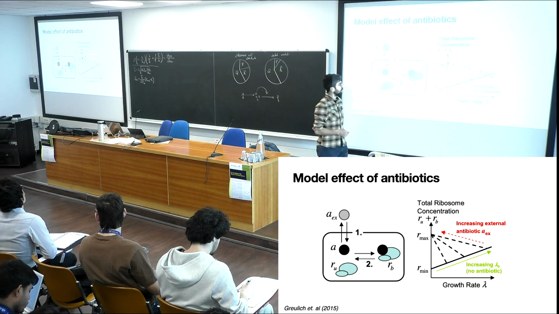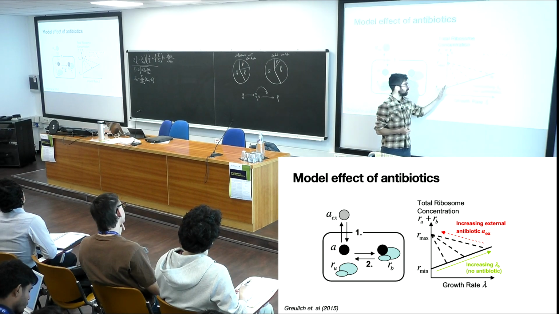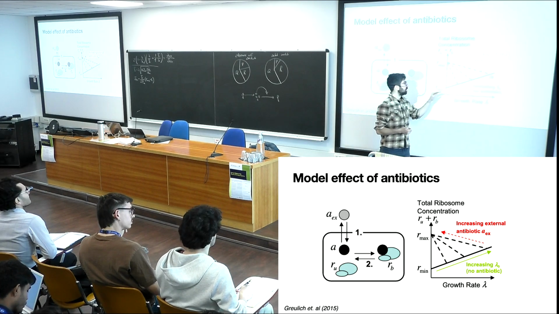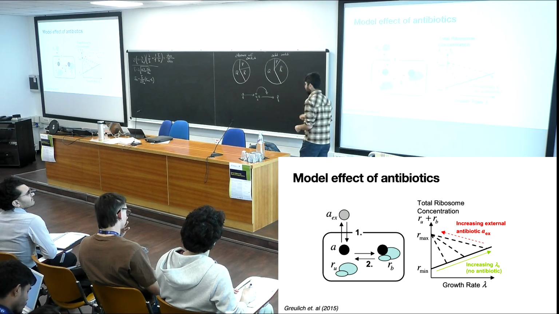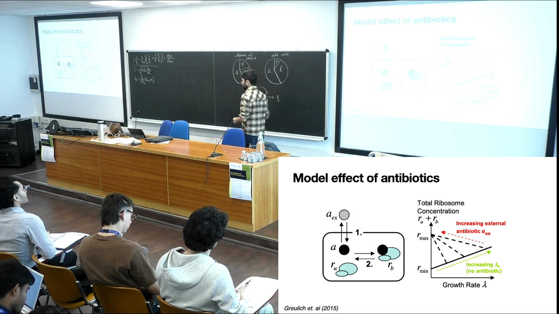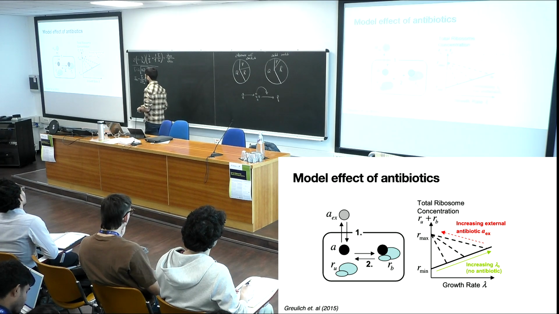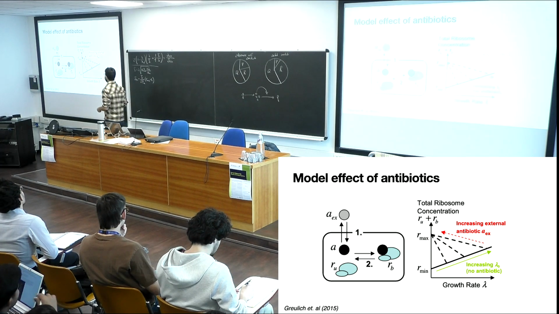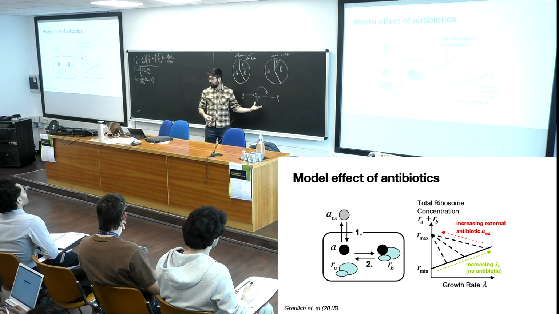we had the other two inputs of our model, which are the two growth laws. Basically, the growth rate is equal to the concentration of unbound ribosomes times their elongation speed. And the second one is this feedback mechanism, which determines how many ribosomes we are producing.